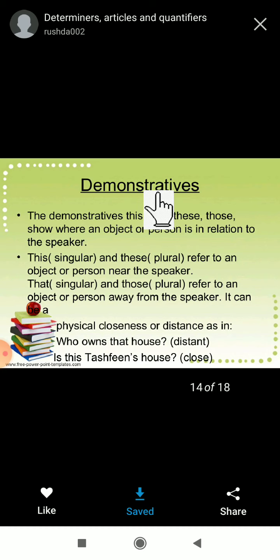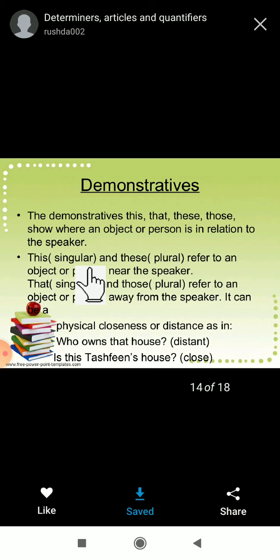The next type is demonstratives. These are determiners used for pointing out an object. This, that, those, these show where an object or person is in relation to the speaker, that is, the position.